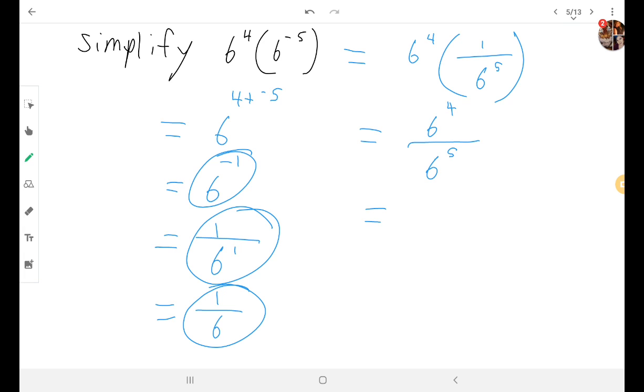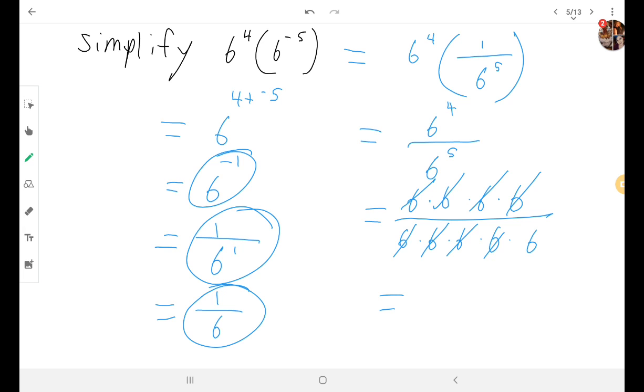And if you need to see that visually, that's like 4 6s multiplied together on top and 5 6s multiplied together on the bottom. And then you can cancel a 6, cancel a 6, cancel a 6, cancel a 6, leaving you with nothing on the top and 1 6 on the bottom. So that is sort of the explanation behind things.